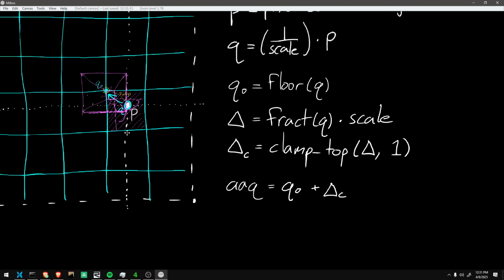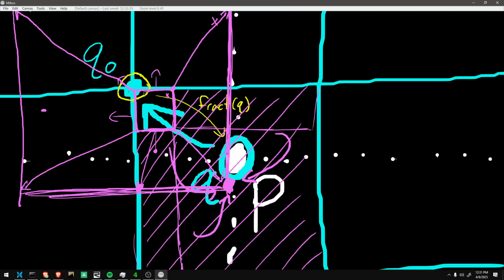The clamped delta is somewhere inside this box. All of these points clamp down to this corner, all of these points clamp to this edge, all of these points clamp to this edge.